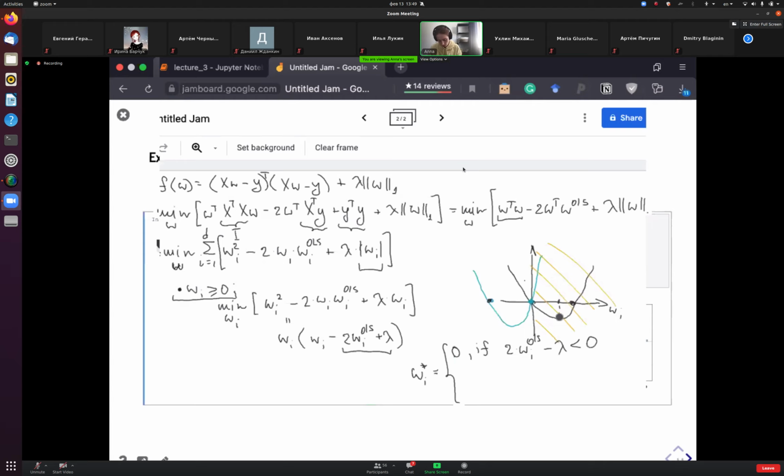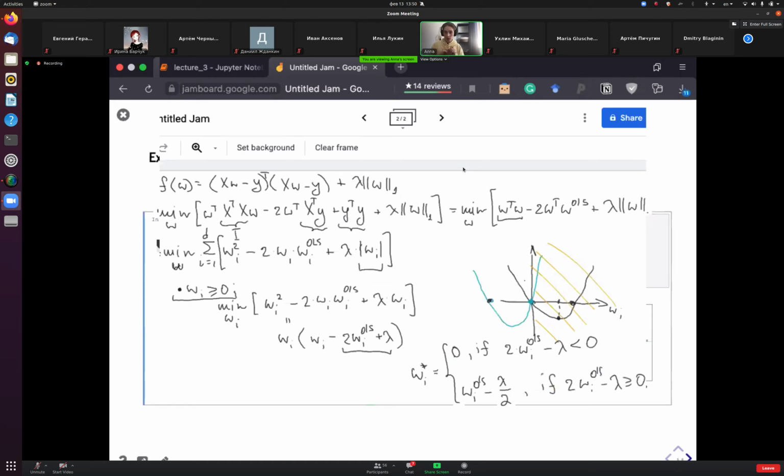And it will be the minimum of the quadratic function, which is wi OLS minus lambda divided by 2, if the second root is positive, so if 2 times wi OLS minus lambda is positive.